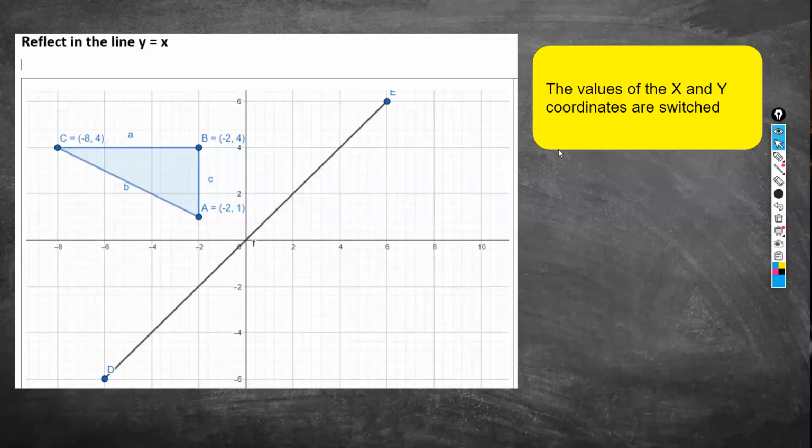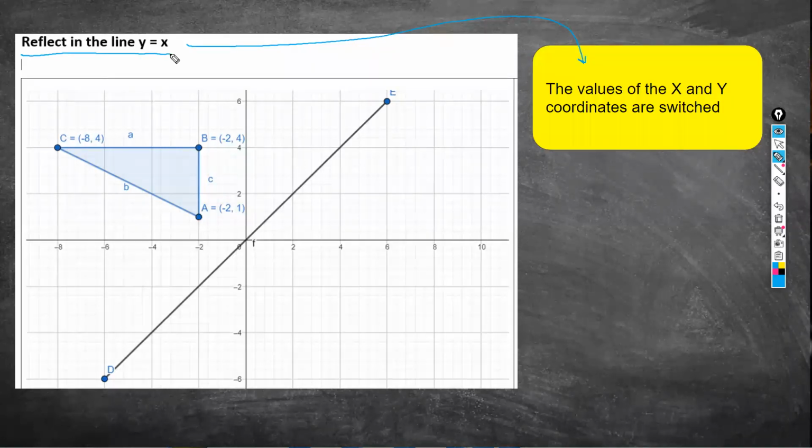All right, so we didn't get a chance to do this one last week. This one is now a reflection in the line y is equal to x. You don't have to draw the graph like I mentioned, right? But I would like you all to take down the note in yellow.